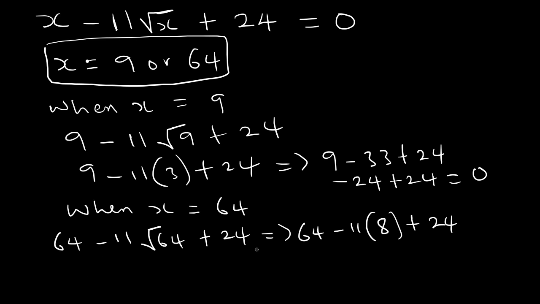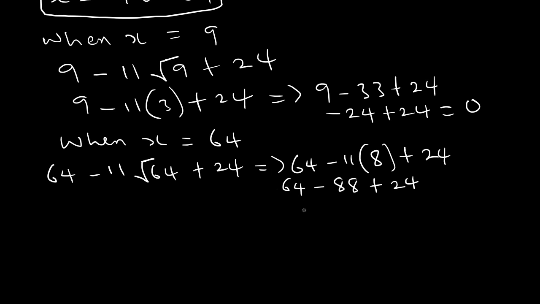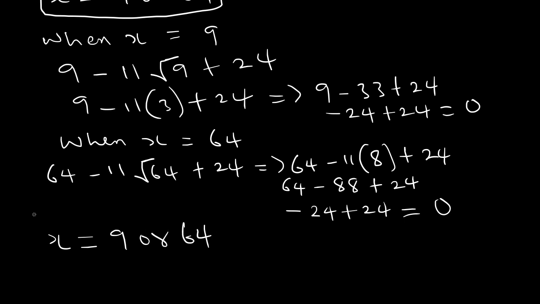So here we'll have 64 minus 11 times 8 is 88 plus 24. 64 minus 88 is minus 24, then plus 24, and that will also give us 0. So the solution x is equal to 9 or 64 is correct.